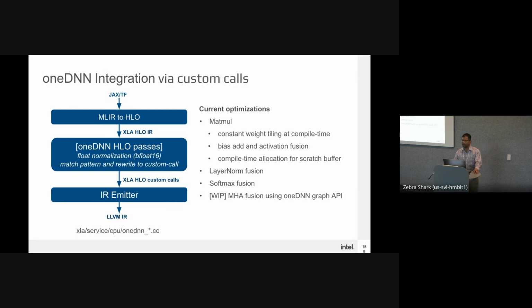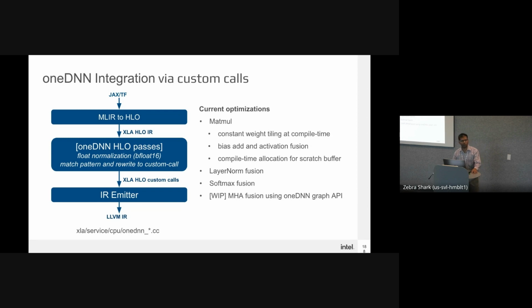And then we do several pattern matchings and fusions, and rewrite to some custom call. For example, if it is a dot instruction followed by some other element-wise operation, we just fuse it into a custom call. Similarly, we have done a layer normalization fusion, which can be found in language models, and also softmax fusions.